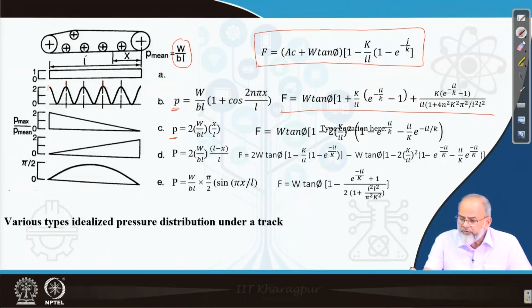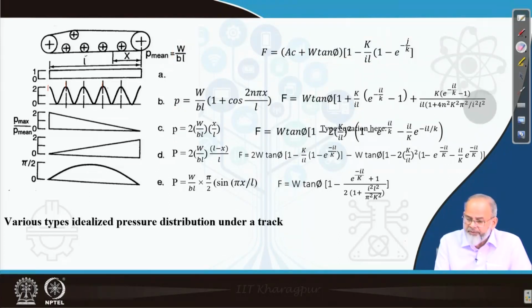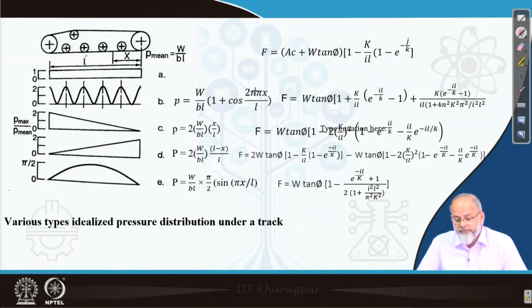So, what you conclude from here is that the thrust developed under a track depends on the pressure distribution, and on the shear stress shear displacement relationship. If you can find out this relationship for different conditions, then we can find the thrust developed by integrating along the contact area.